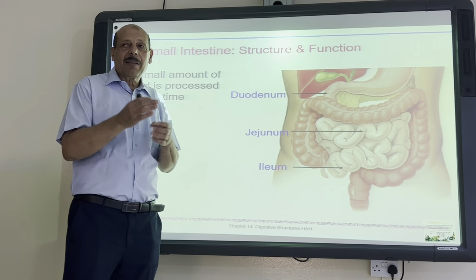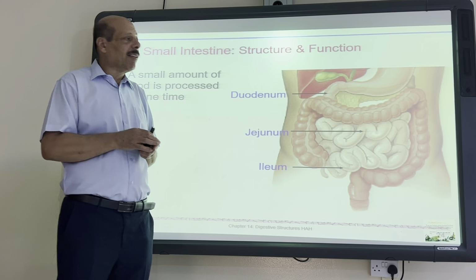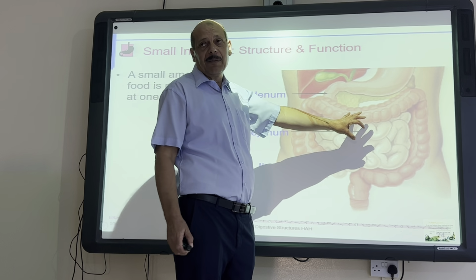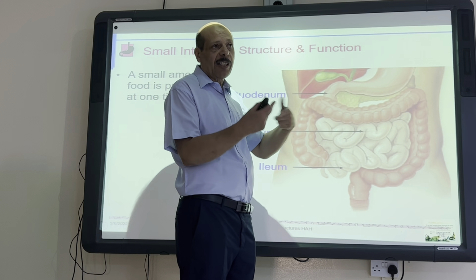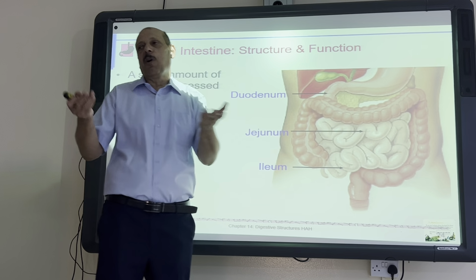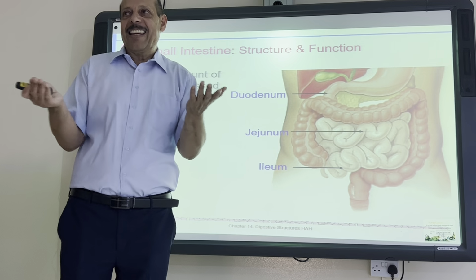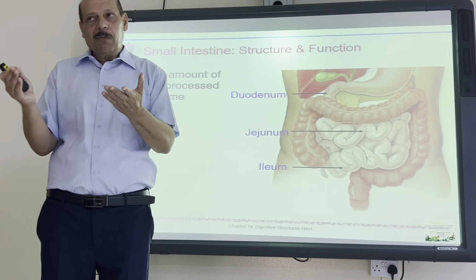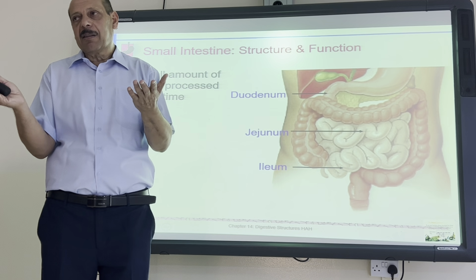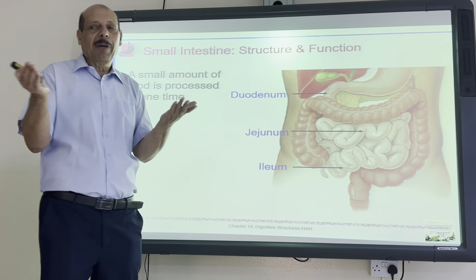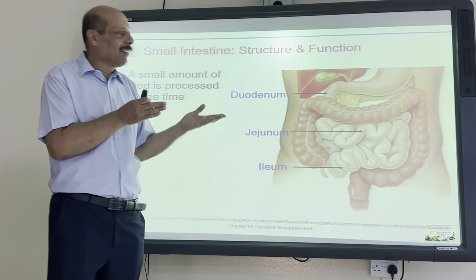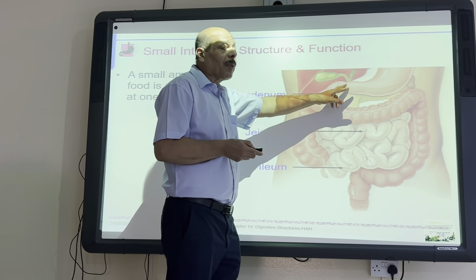So it regulates the food passage to the small intestine. After the process of digestion, depending upon the type of food that we take, it might take 1 hour or 2 hours or up to 4 hours inside our stomach.